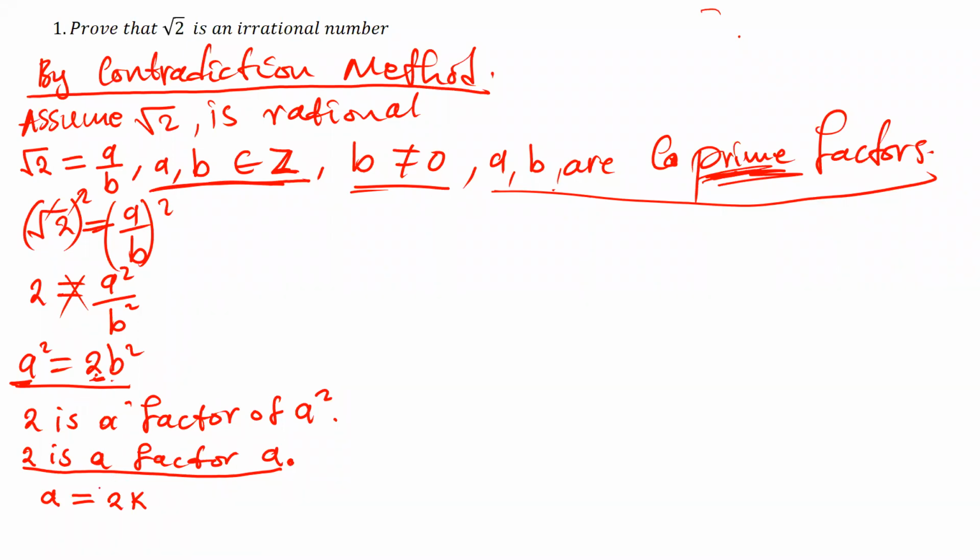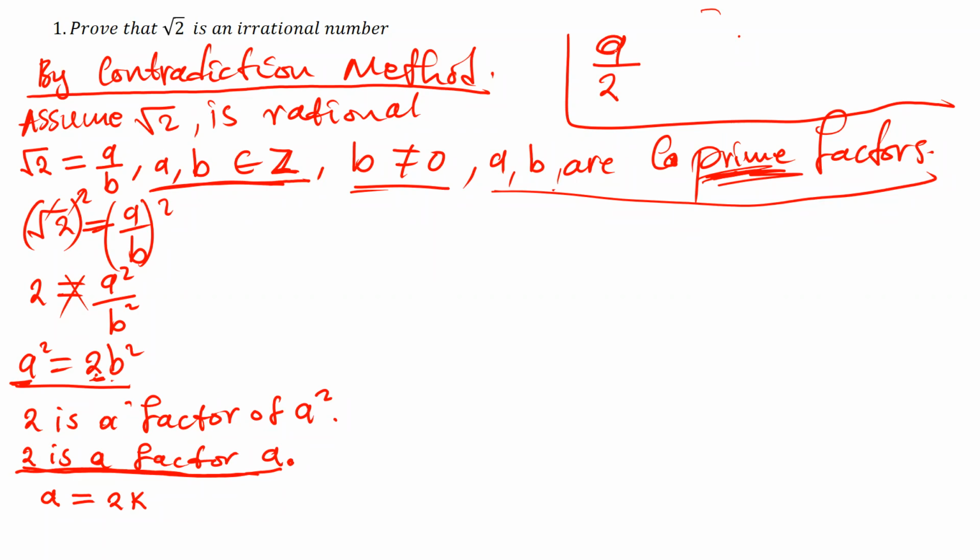I don't know if you're getting this. Using this last statement here, we're saying 2 can go into a. So if 2 can go into a, I don't know how many times, it means that a is divisible by 2.